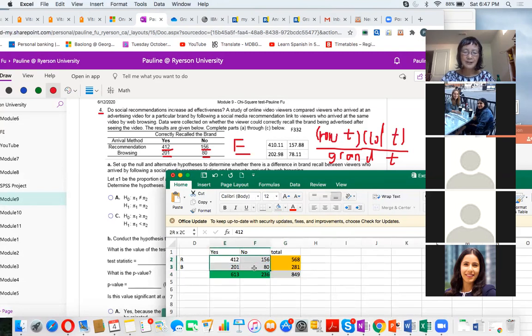So remember, this original number I will use maybe bold. Those are the observed values. How do you calculate the expected number? I will put the expected number here. There are 4 expected numbers.